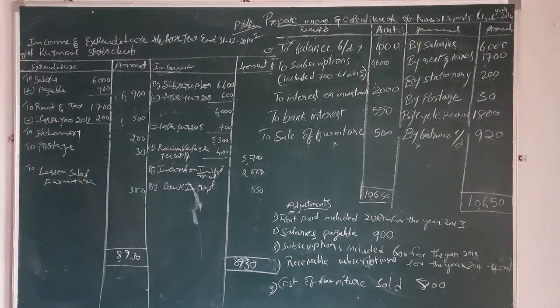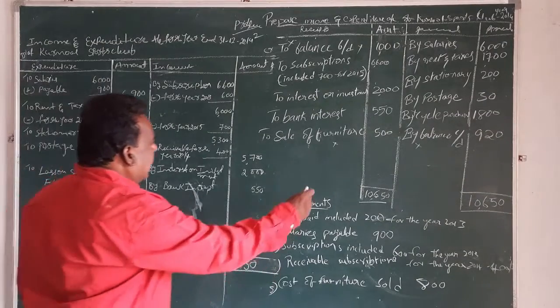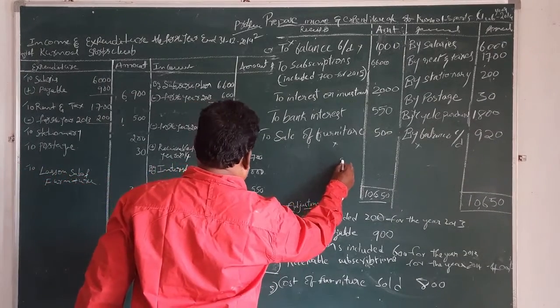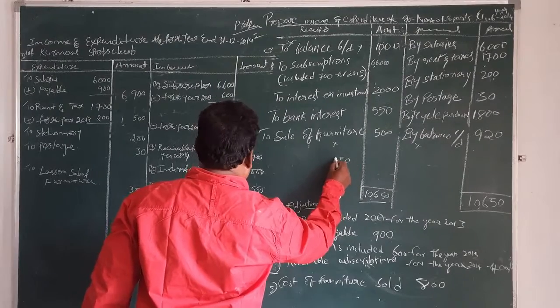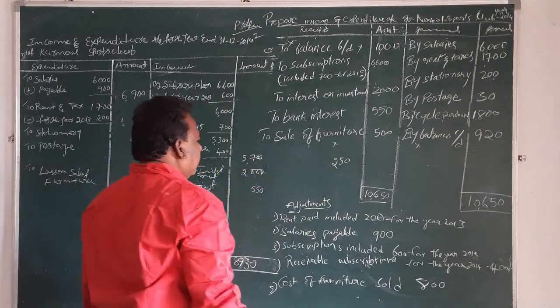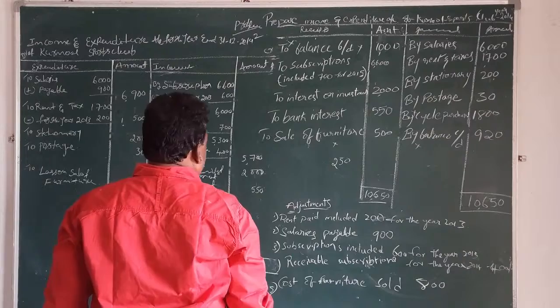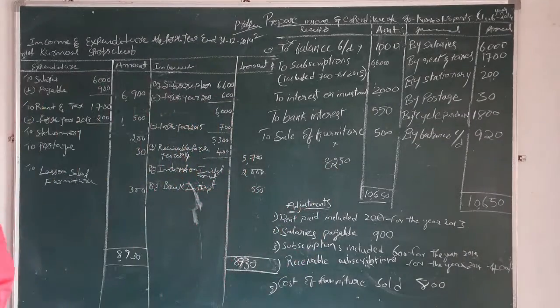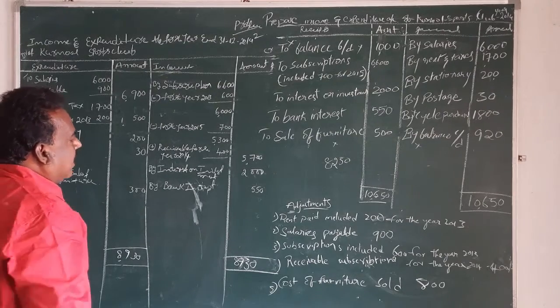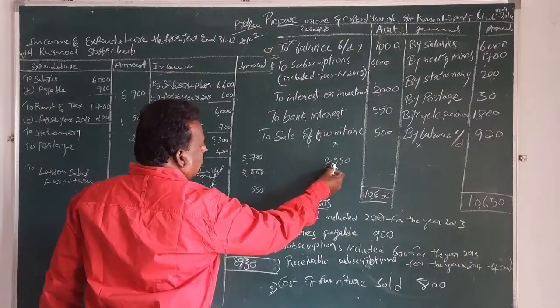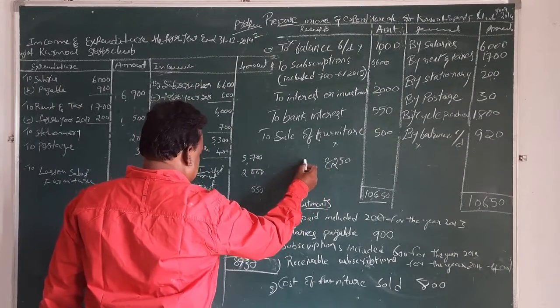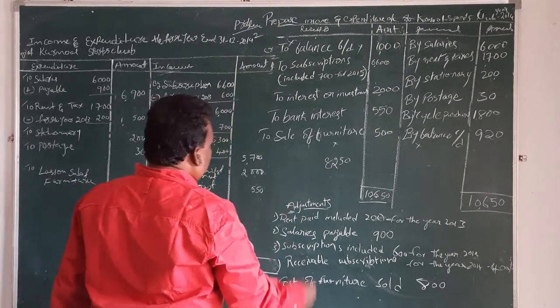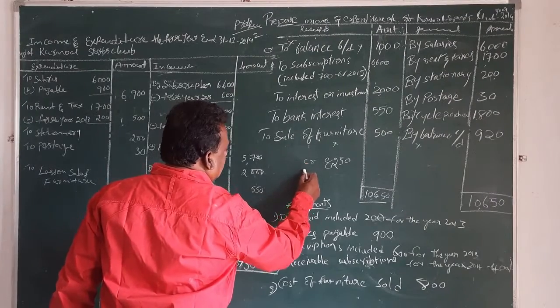8,930 is the debit balance, and 8,250 is the credit balance.